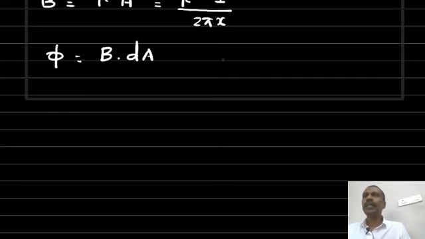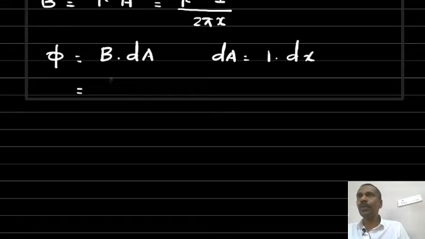Here also dA is equal to the area of the strip, which is the length into breadth. It is equal to 1 into the breadth is dx, because we considered a strip of thickness dx. So flux is equal to mu I divided by 2 pi x into the small area we considered is dx.